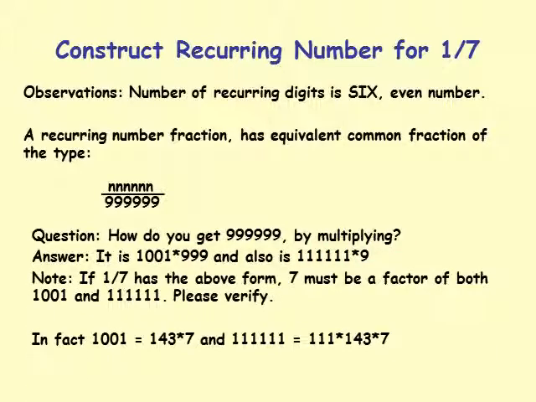If 1 over 7 has the above form, 7 must be a factor of both 1001 and 111111. Please go ahead and verify. It is a factor. In fact, 1001 is 143 times 7, and 111111 is 111 times 143 times 7. How do you get 143?